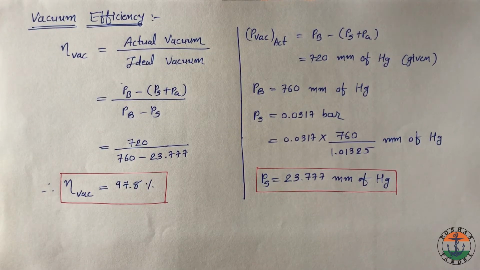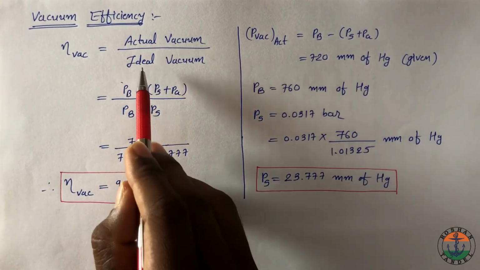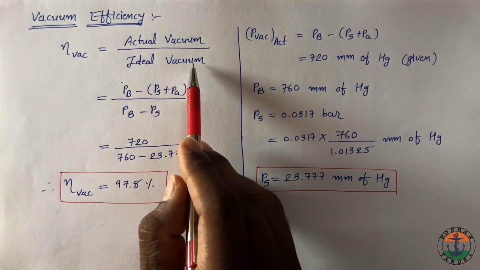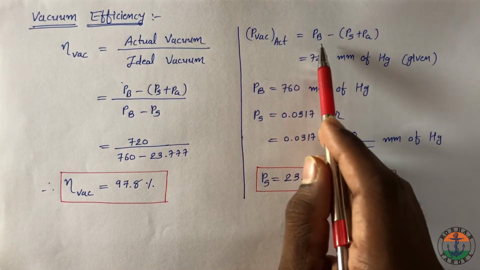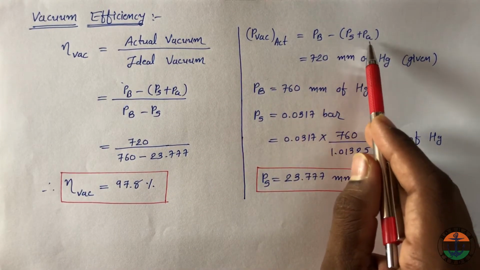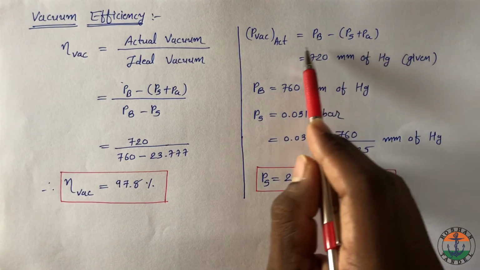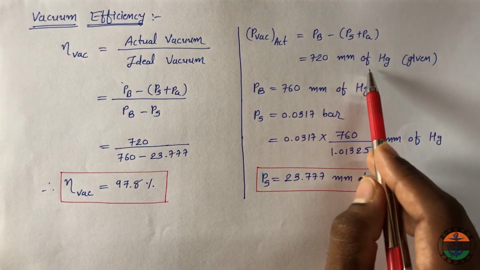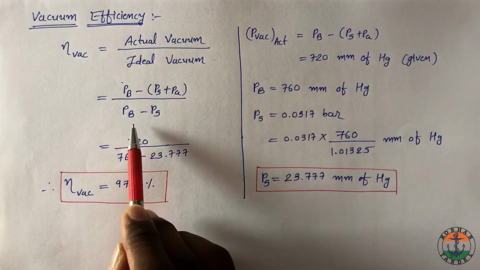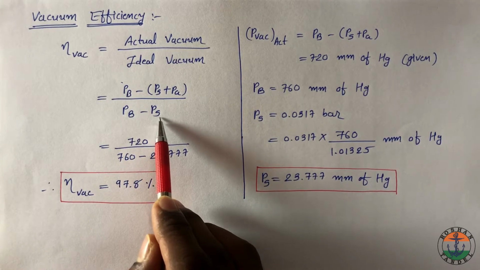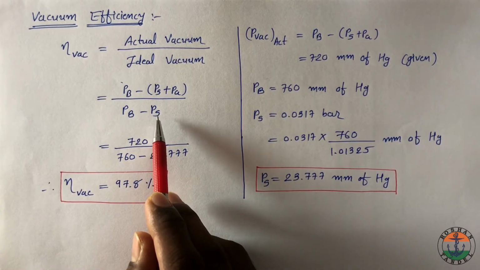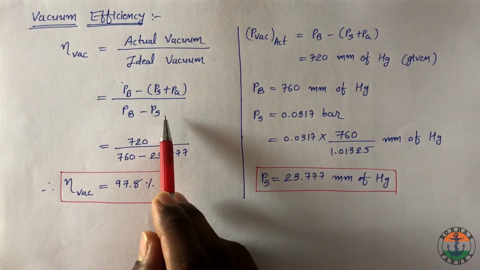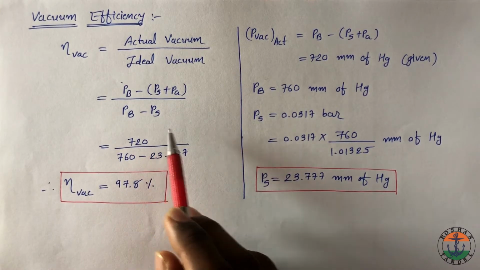Vacuum efficiency is given by actual vacuum divided by ideal vacuum. Actual vacuum is equal to PB minus PS plus PA. This value is already given in the data. Ideal vacuum is PB minus PS only. In ideal vacuum, air leakage considered is 0, so PA will not be there.